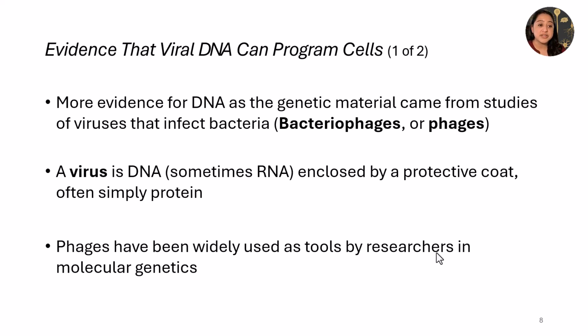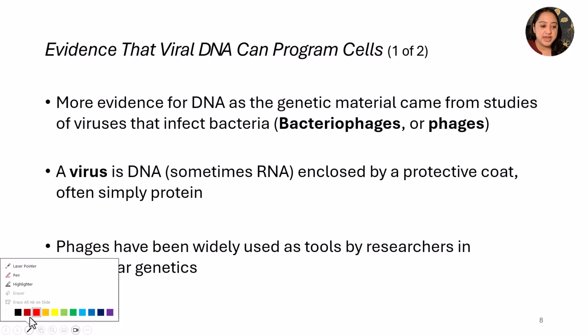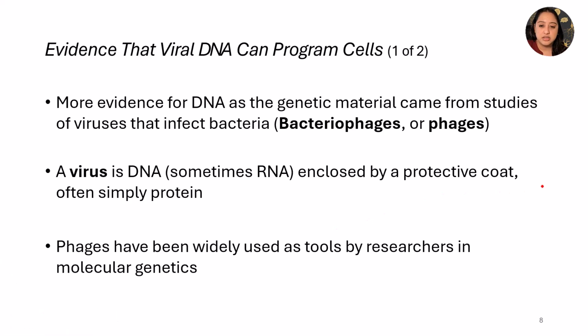And so a virus is DNA, sometimes RNA, enclosed, so closed in, by a protective coat, and often it's just protein. We show pictures of viruses as a round thing, and then there's the DNA or RNA inside, the genetic material, and then there's usually stuff coming out.